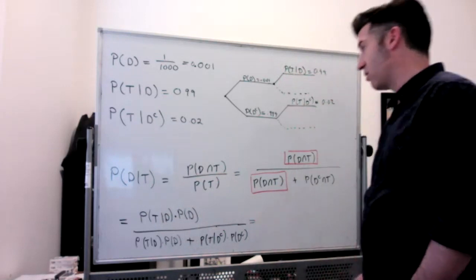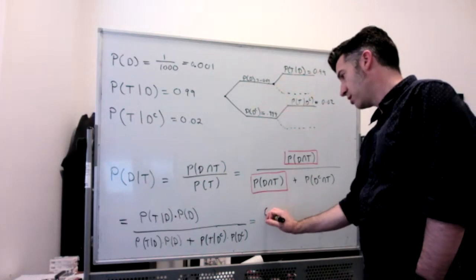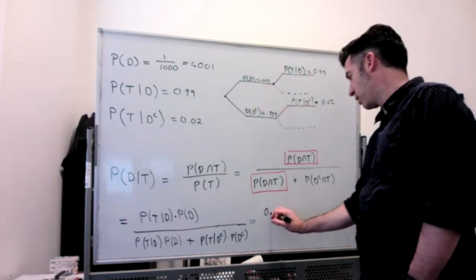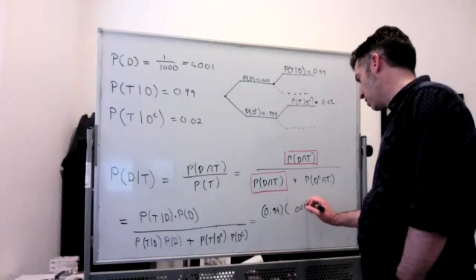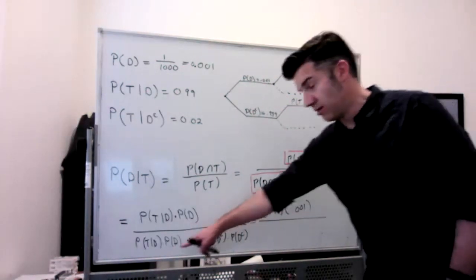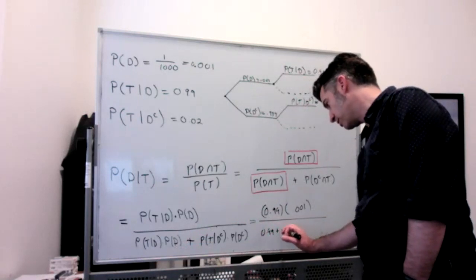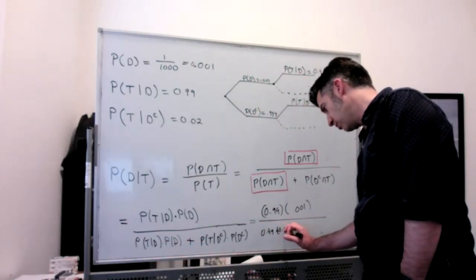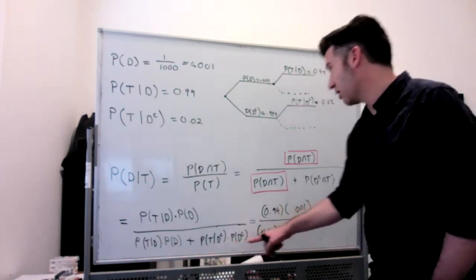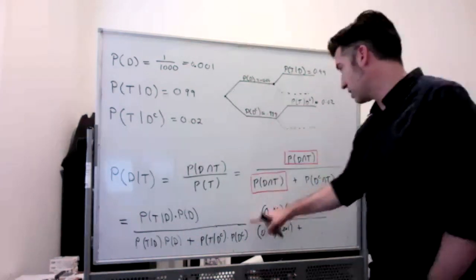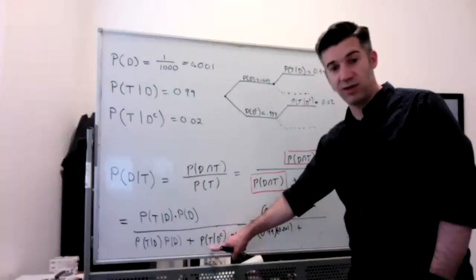So what do we end up getting? Well, we have this times this. So we have 0.99 times 0.001 divided by the literally exact same thing, 0.99 times 0.001, plus this thing here, which is the probability of not having the disease, 0.999, times the probability of a positive test given no disease.